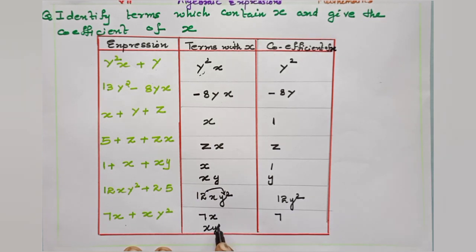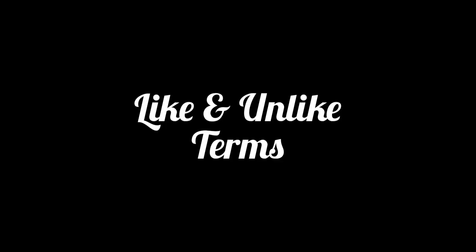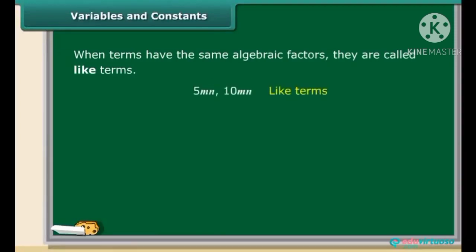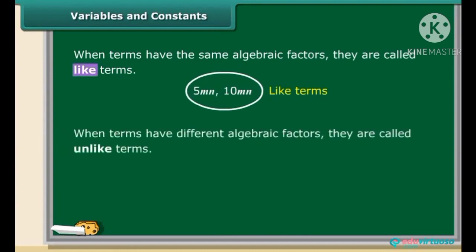In xy square, which equals y square x, the coefficient of x is y square. Understood all of you? When terms have the same algebraic factors, they are called like terms. When terms have different algebraic factors, they are called unlike terms.